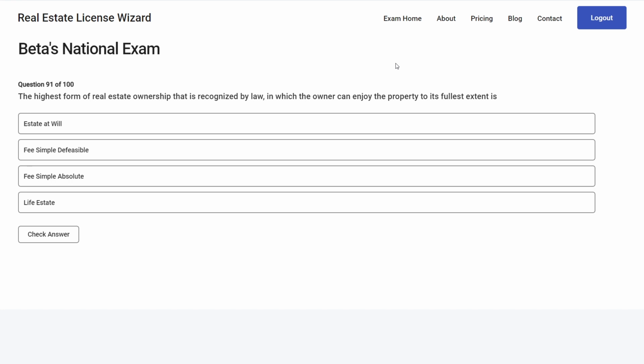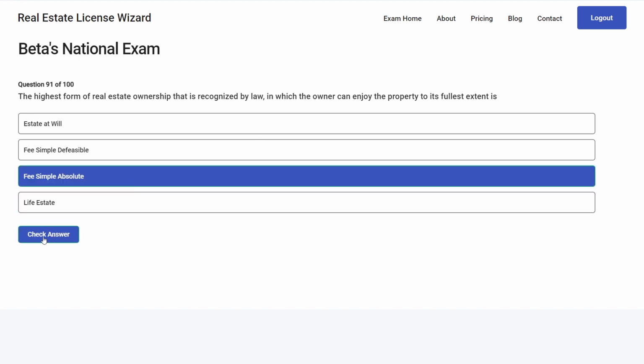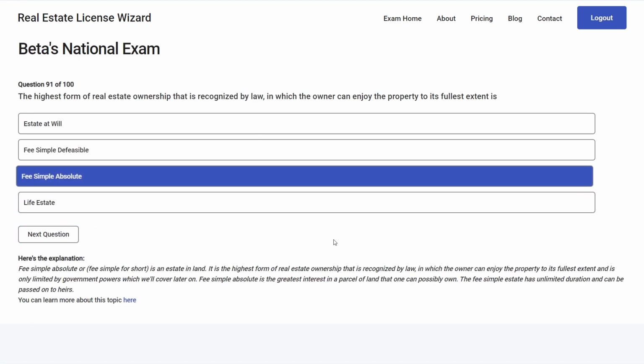The correct answer for this one is the fee simple absolute. That's right. I think a good way of remembering this is just the word absolute. When you hear the word absolute, think of absolute authority, absolute power, absolute ownership, the highest form. That's what that is. A fee simple absolute, or fee simple for short, is an estate in land.